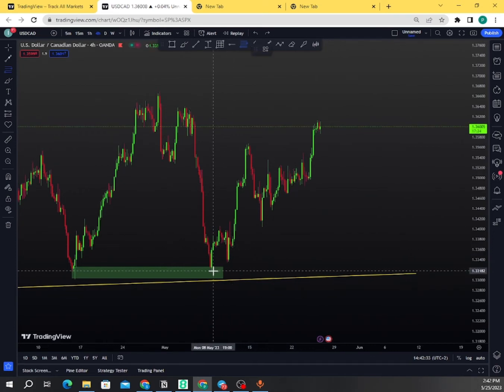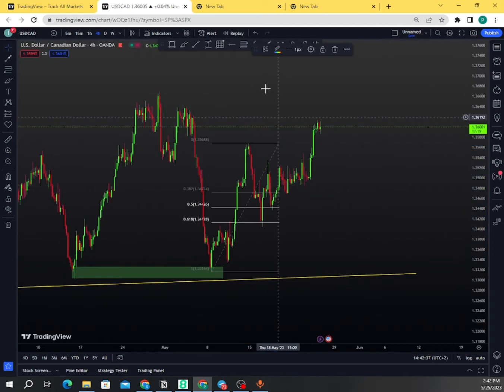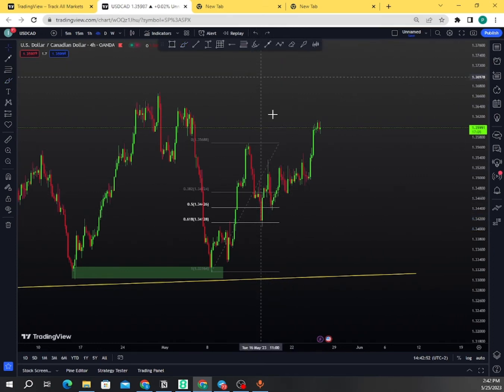I took my Fibonacci from the low to the high, and I saw that price respected 0.618 of the Fibonacci, giving me the confluence that the price is likely to start continuing to the upside. So price rejected here at 0.618.